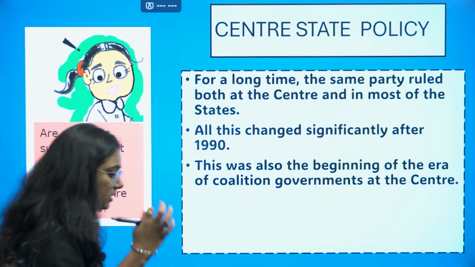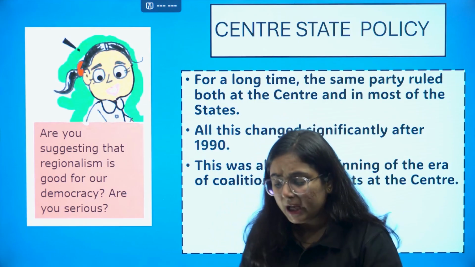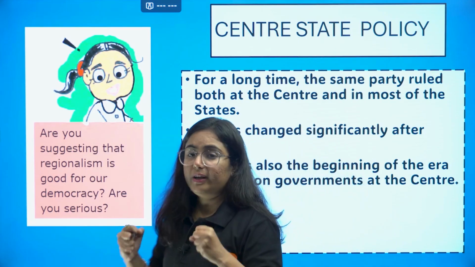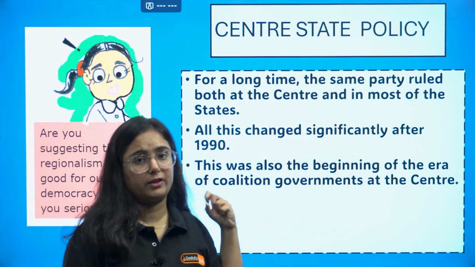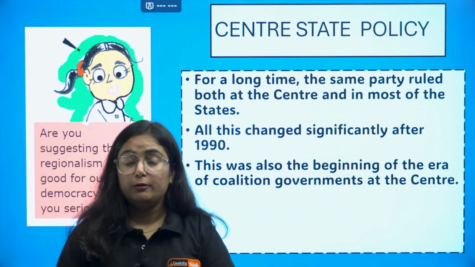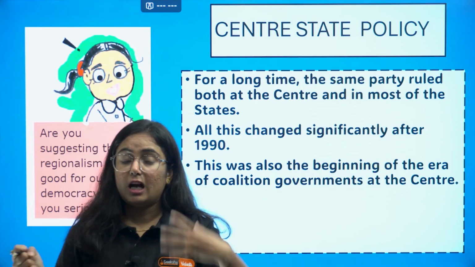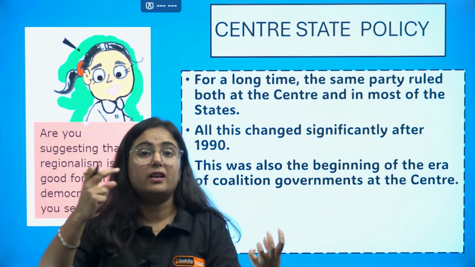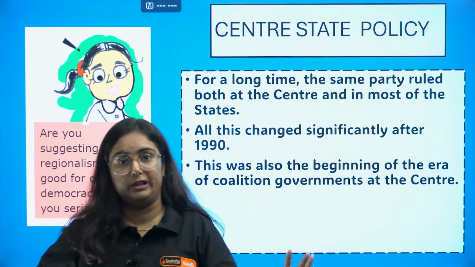Now comes the third topic, that is center-state relations, right? Look, we have India with 28 states and many union territories. Did you get this point? We have 28 states and many union territories. Now the relation between the central government and the states depends upon politics. It is very clearly evident, right?